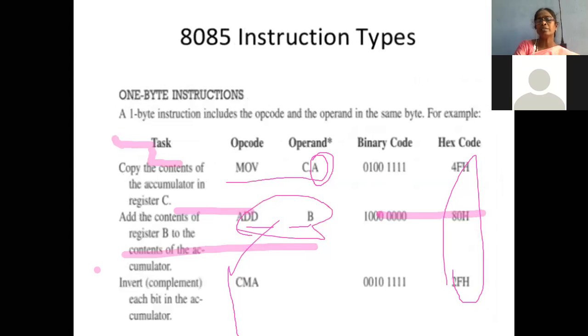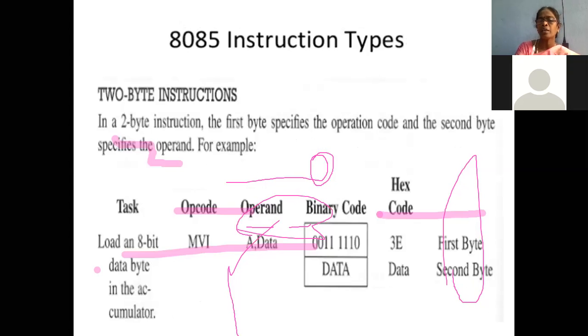In these instruction types there is the 1 byte instruction, when an operation happens inside the registers: MOV C, A; MOV B, A; ADD B; SUB B; CMA, complement accumulator. When these types of instructions are executed, only 1 byte of hex code is required, so it is called a 1 byte instruction. The other type is MVI A, 05; MVI B, 10; MVI B, FF.